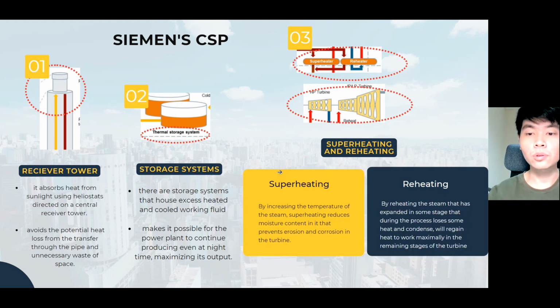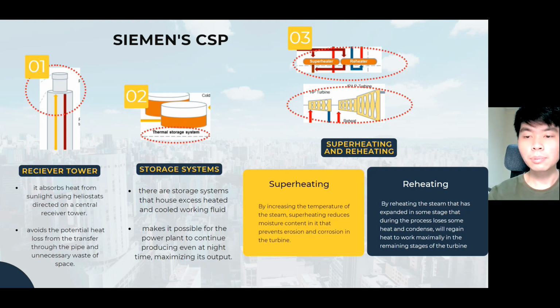In this process, there is also reheating, which is used in multi-stage turbines, where reheating the system helps it regain heat that it loses when it passes through a turbine. Because when passing through a turbine and expanding, there's a potential for the heat to be lost and to condense.